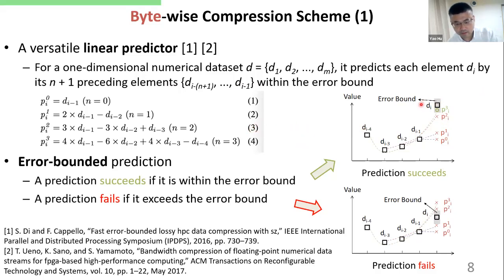Here D is the real value and P is the prediction of the value D. In this case, P3 can be used as the right prediction of the data D, because the prediction is within the error bound. So we say that the prediction succeeds. If every prediction is outside the error bound, we say that the prediction fails.